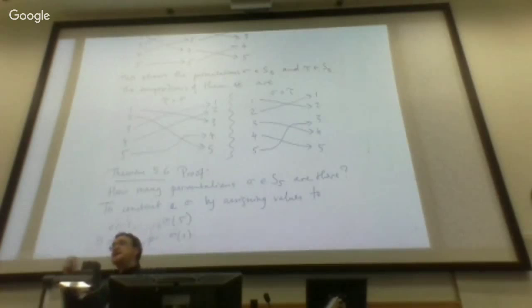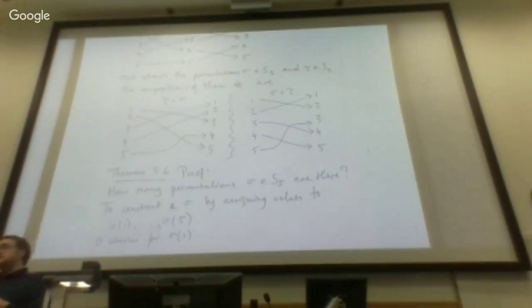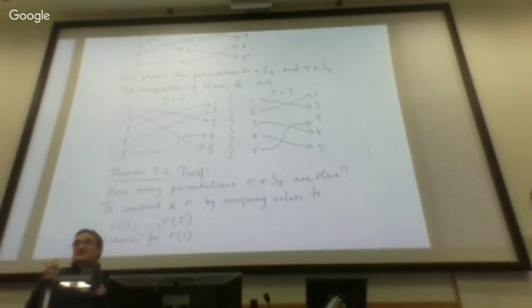Now, having made a choice, having made an assignment for sigma 1, how many choices for sigma 2? 4. There's 1 less. Why is there 1 less? 1 has already been taken up, and what stops us from using that element again? Exactly.